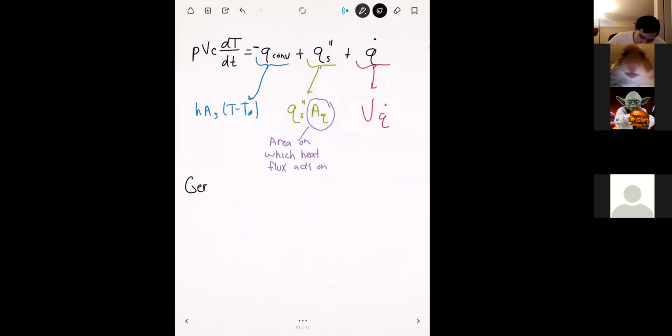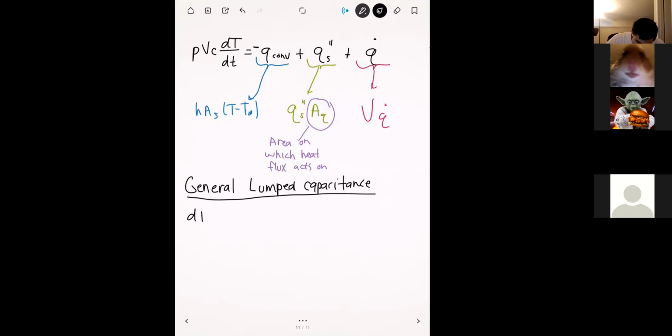If you plug all that in and move some terms around, you get this final expression for the general lump capacitance.